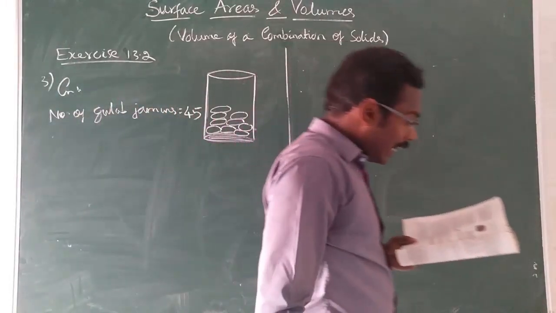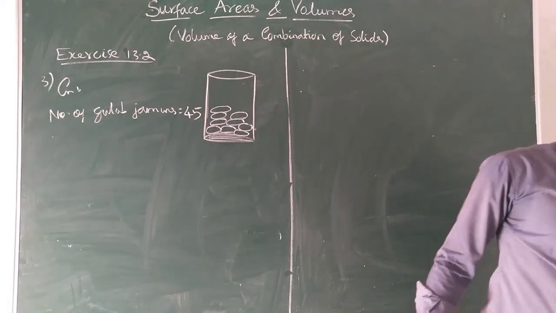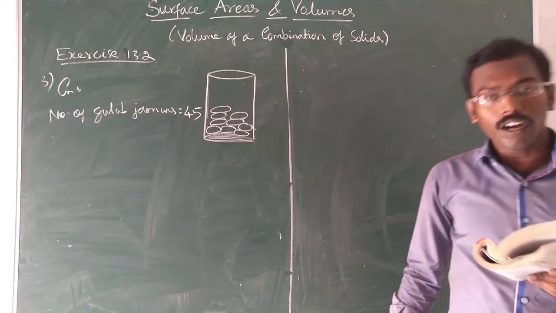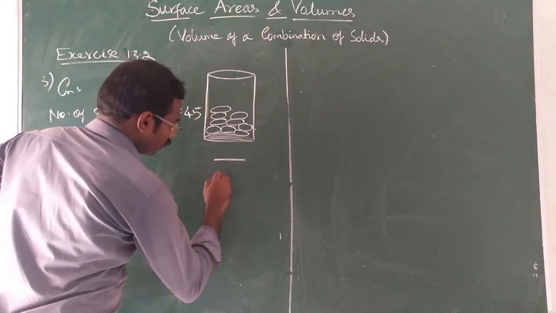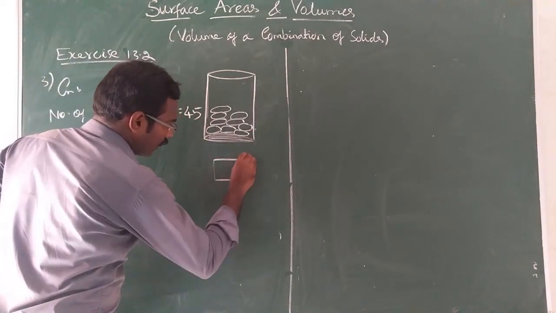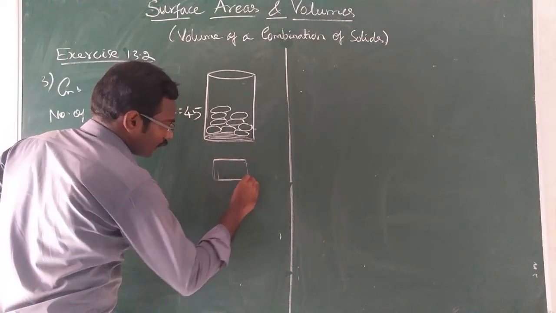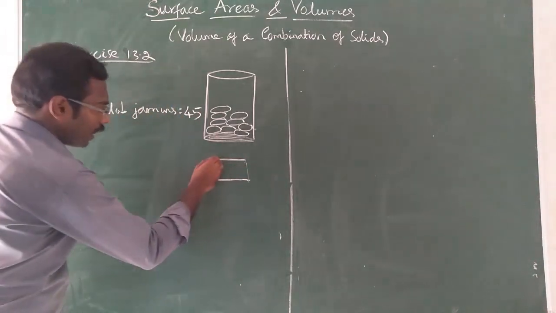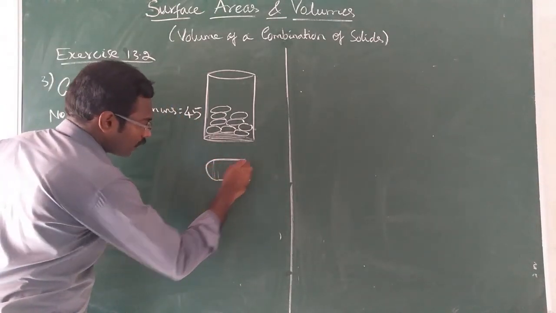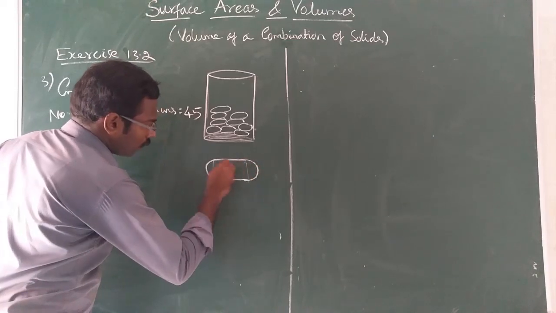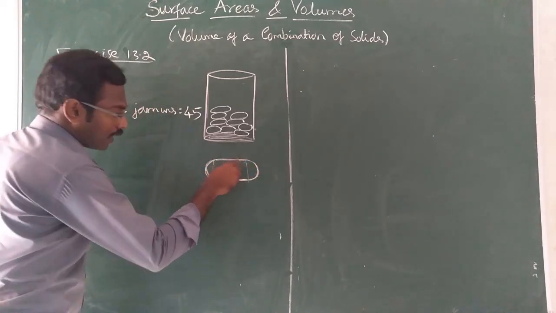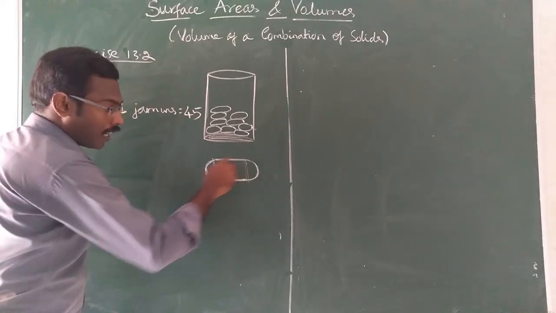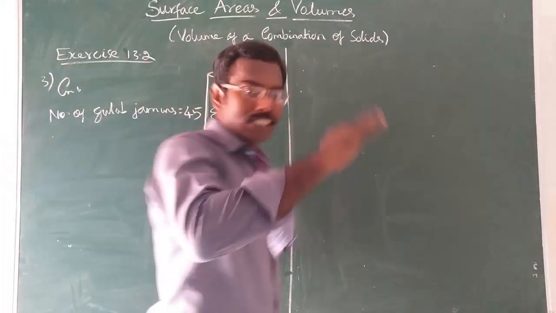Then each shape is like a cylinder with two hemispherical ends. That is, there is a cylinder with two hemispherical ends. That is, here one hemisphere, here one hemisphere. So this is the shape. Okay, a cylinder in the middle and two hemispheres in the sides.